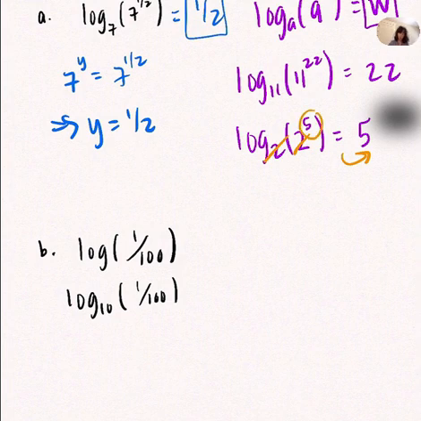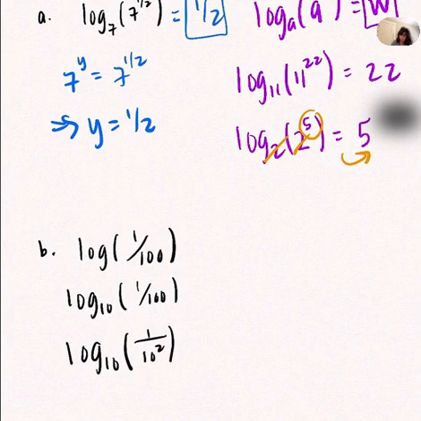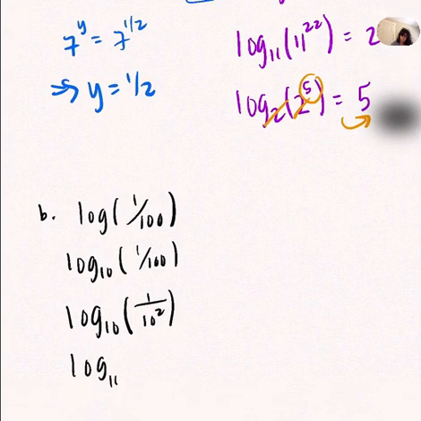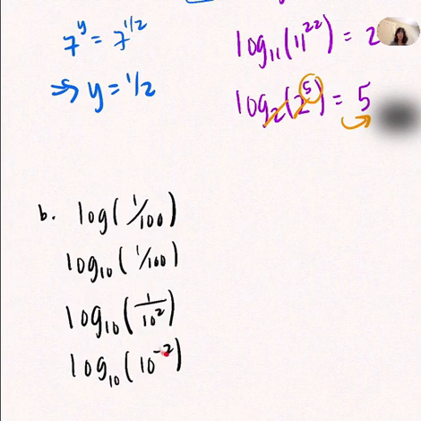So can we write 1 over 100 as 10 to a power? Let's see. I can write it as 1 over 10 squared, because 100 is 10 squared. And then I can write it as log base 10 of 10 to the negative 2, because if I want to move 10 to the 2 to the top of the fraction, I can do that as long as I make the exponent negative.